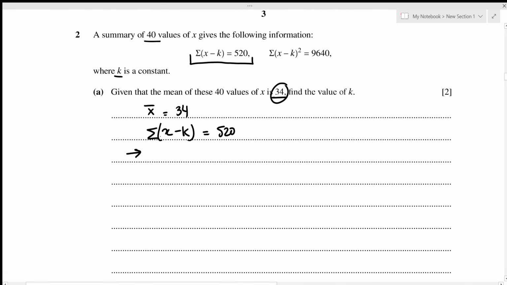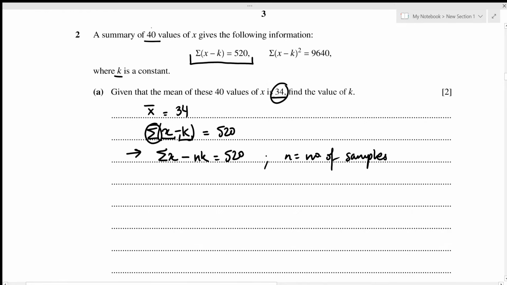If we're talking about the summation of a variable, that's just going to be the summation sign. Now, if we're talking about a constant, which is the case for k, and if we're summing the values of constants, then the summation sign will actually change into the number of samples. So that's going to be minus nk, where n is the number of samples.